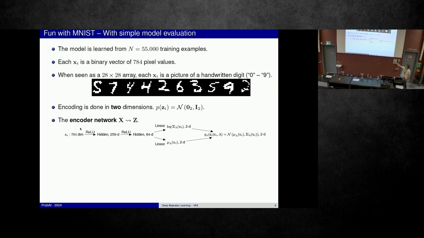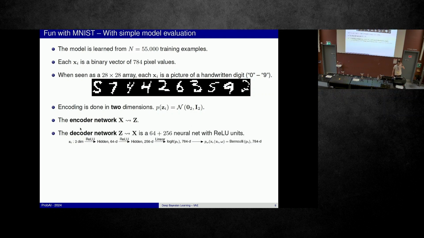Then we are branching out and calculating the log of the covariance matrix over our latent space and the mean value down here, and these two vectors are used to parameterize our variational distribution. Here I'm also going to assume that the covariance matrix is diagonal, so in this case it would consist of two entries, so we are assuming that the latent factors are also independent in terms of their posterior distribution.